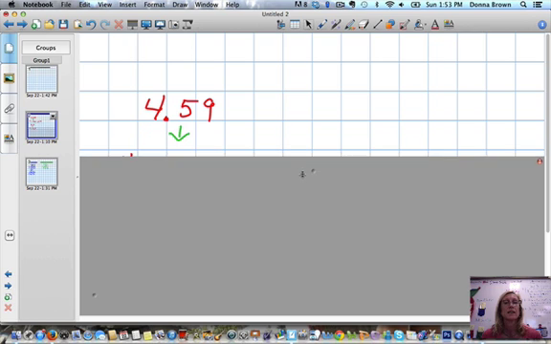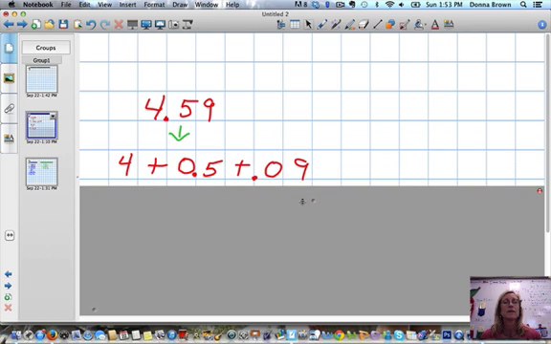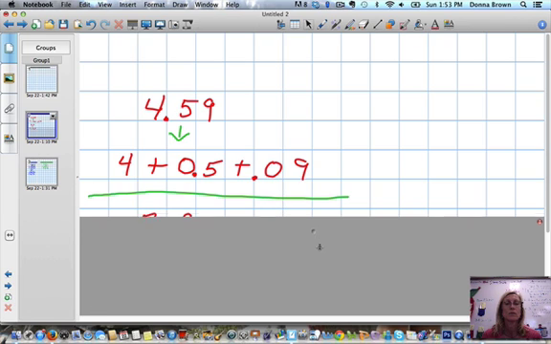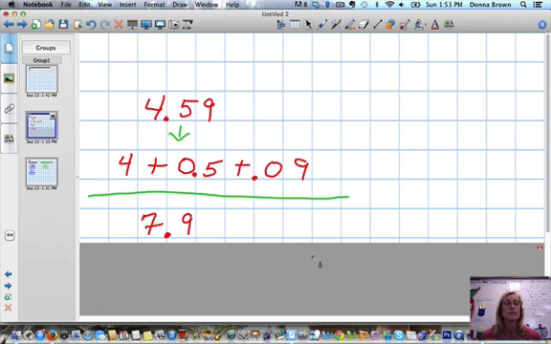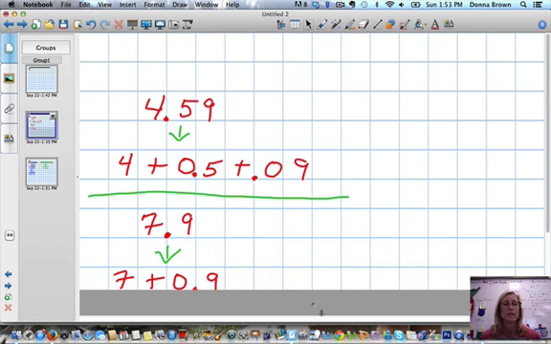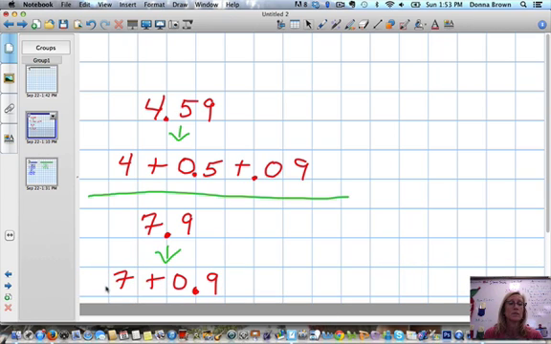I'm going to slide that down. If we were to write it out in expanded form, it would look like this: 4 plus 5 tenths plus 9 hundredths. And I'm going to slide down one more number here: 7 and 9 tenths. Again, if we wrote that using place value, it would be 7 plus 9 tenths.